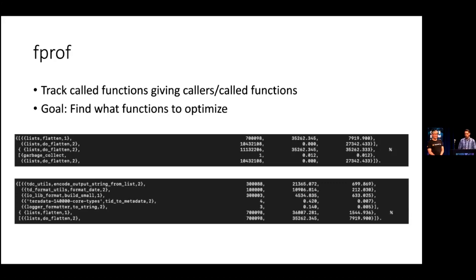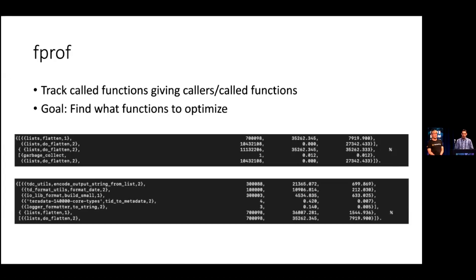The subject function is marked with a percentage character, as you see on these two screenshots on the right side. On the screenshot on top, the subject function is the doFlatten function. The rows above the subject function are the callers, and the rows below are the called functions. As you can see, doFlatten is getting called by itself as part of some recursion, and it's also called by another function called flatten.